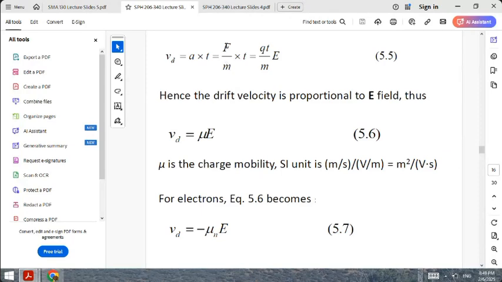Now, slightly more advanced physics will tell us that this force is related to the electric field: force is Q, the charge of the carrier, multiplied by the electric field.